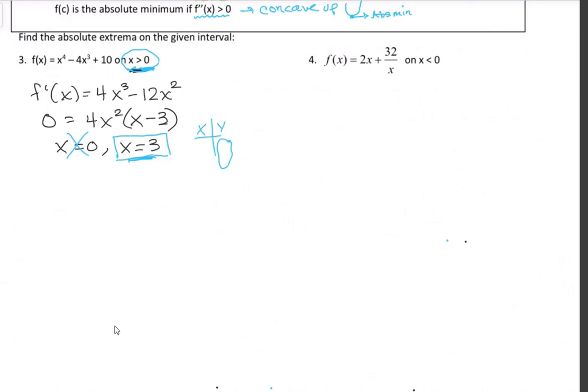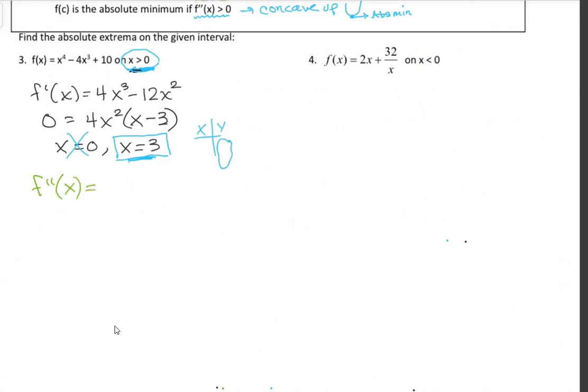So I can't tell based on its Y value whether it's a max or a min. So here's where it changes when I'm dealing with an open interval. What I need to do next is find my second derivative. Here's where the second derivative test comes in.